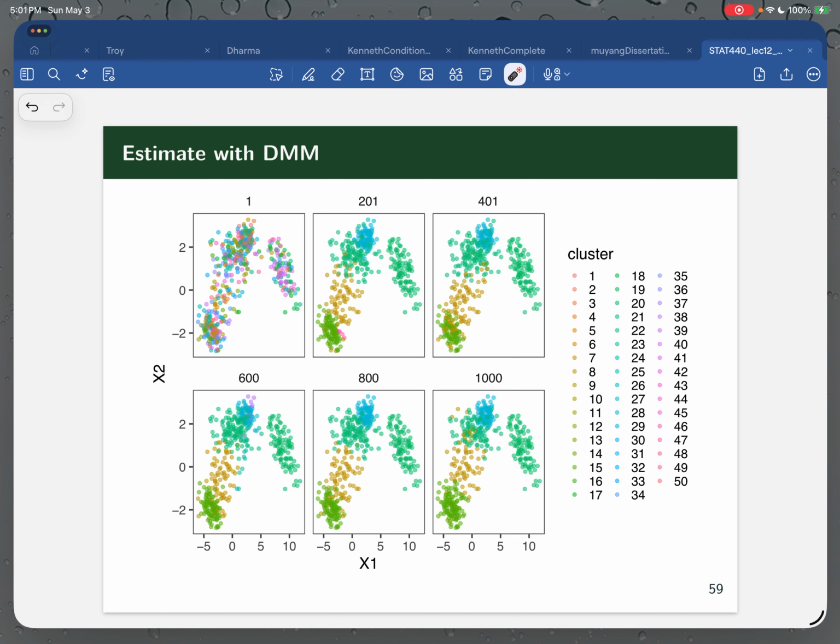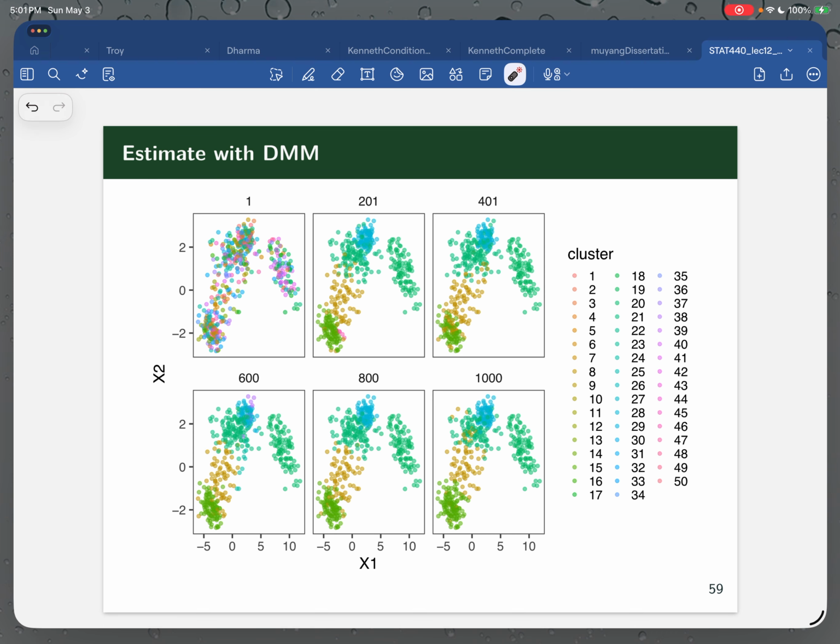This again shows the evolution, and you can see that it kind of settles in. Again, it starts off with random clusters assigned. It eventually seems to settle in where we've got a green cluster here, a brown cluster here, a teal cluster there.